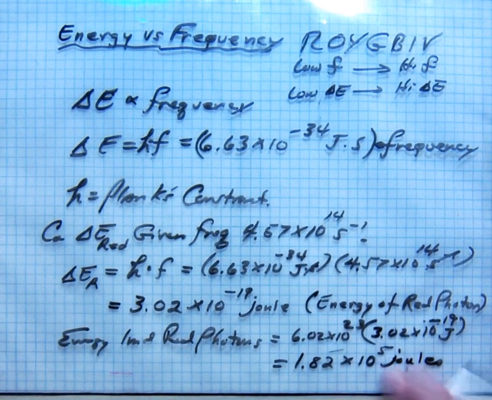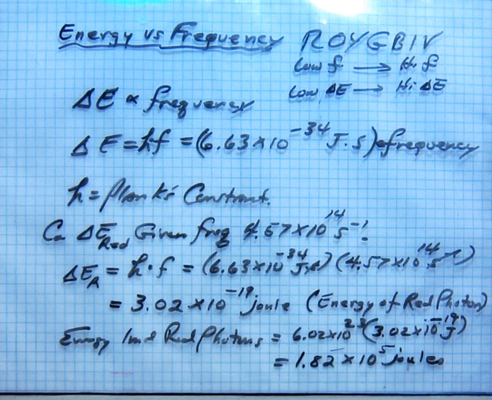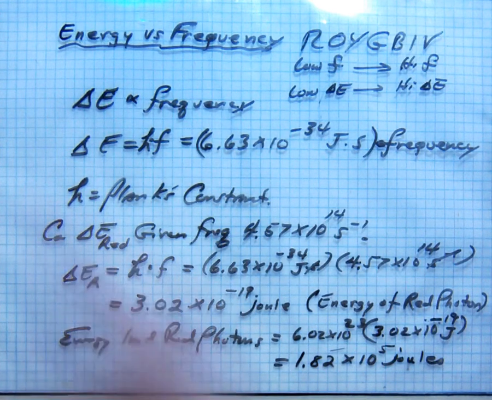Light has a lot more energy than you think it has. And so 10 to the 5th joules, that's quite a bit. That's 182,000 joules divided by 1,000, say, and you have 182 kilojoules.